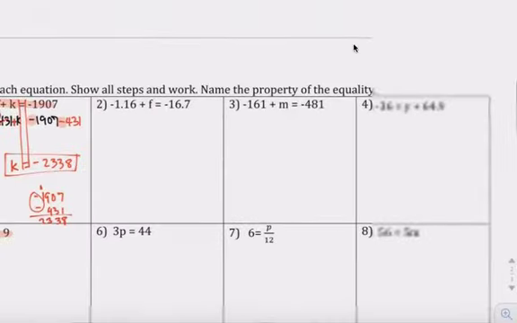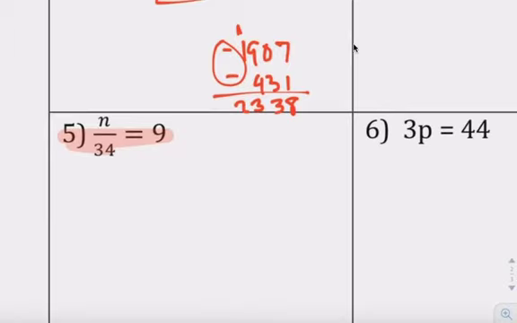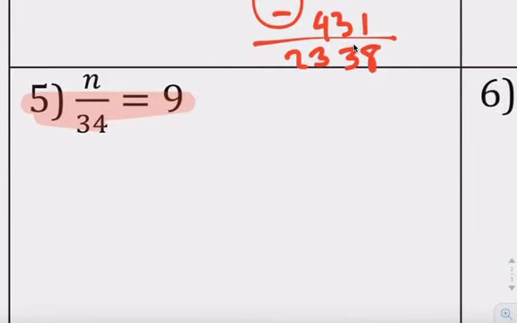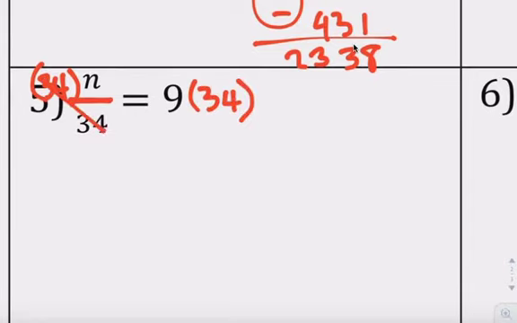Multiply or divide, you do the opposite operation. This is divide, so you have to multiply by 34. This is the multiplication property of equality by 34.